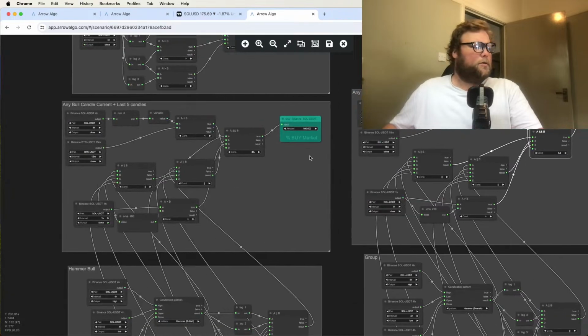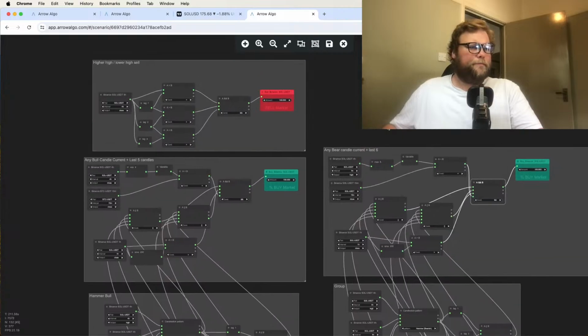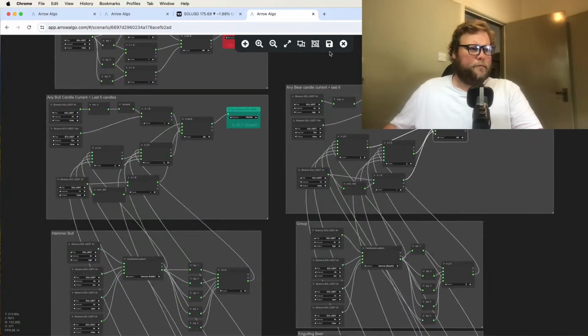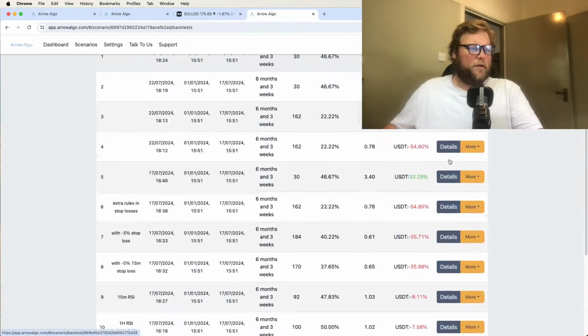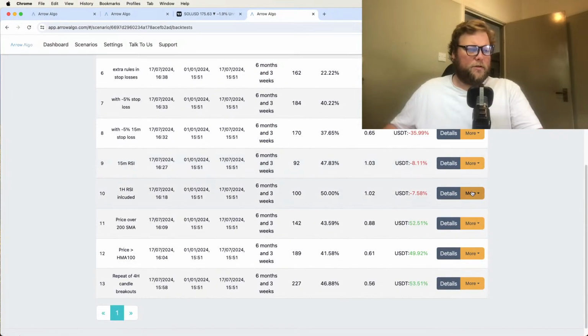And that will create us a buy order. So first of all, we'll just save that. We'll run a quick retest on that to make sure that we're getting lots of signals nicely.